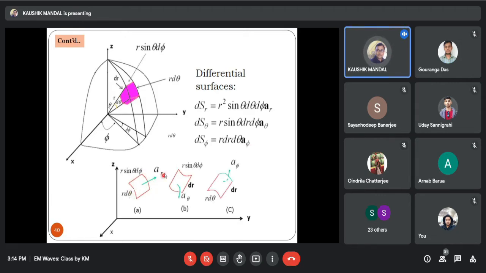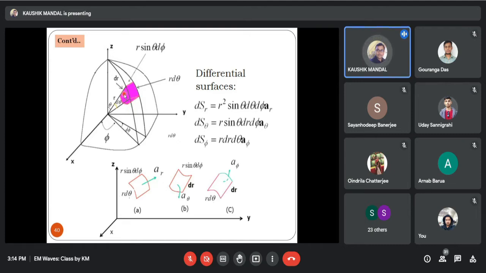As we are considering a r, basically this particular surface, which is r sin theta d phi into r d theta, what will be the direction of the unit vector along this direction? That is a r. Next, consider another surface, this particular surface.